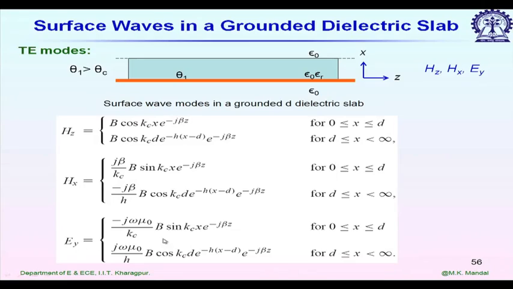So, Ey is maximum at the interface, and on the ground plane obviously it is small, but since we have an Ey component for TE0 mode, which has no cutoff frequency, this TE0 mode is easily excited by the CPW lines, and we have a similar problem as we have seen for the microstrip line.